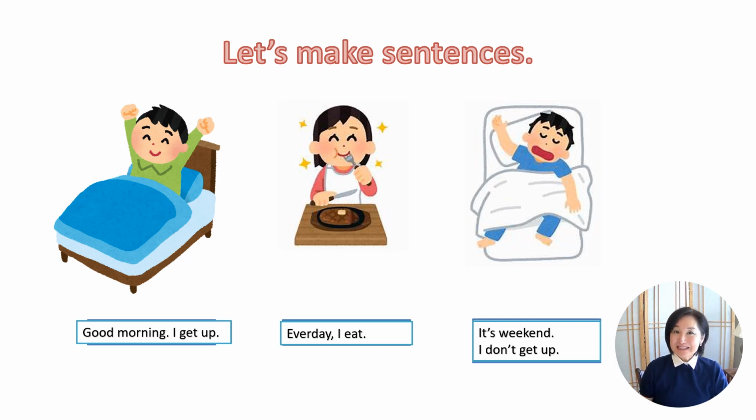Are you ready to make some sentences? So the first one, good morning, I get up. How do you say that? おはよう、起きます。私は起きます。You can skip 私は and then just say 起きます as well. How about this one? I eat every day. 毎日食べます。私は毎日食べます。いいですね。It's weekend.